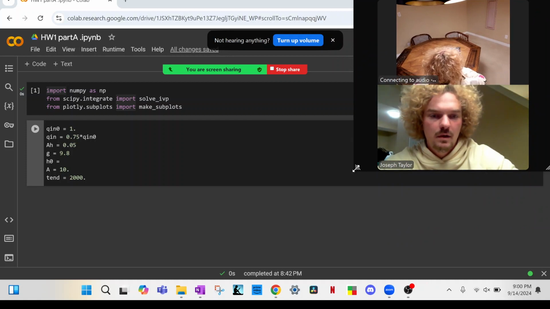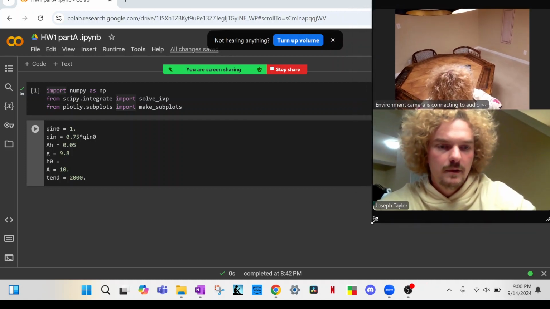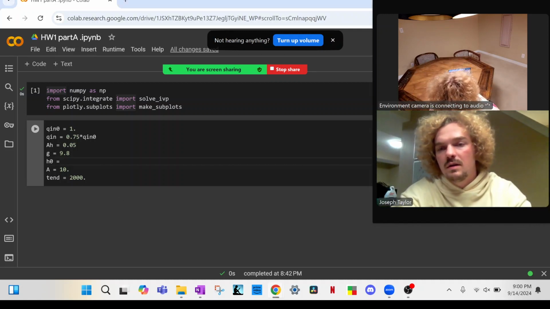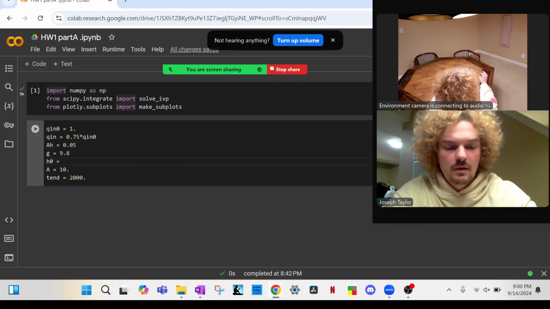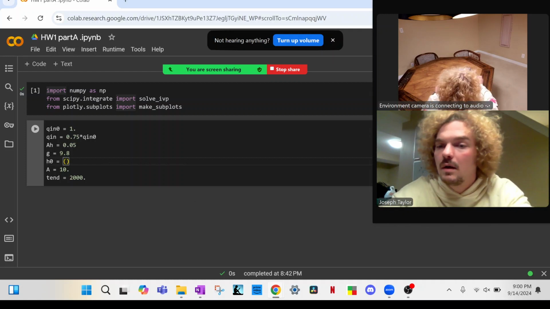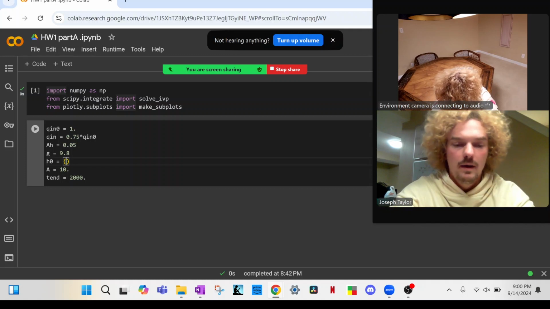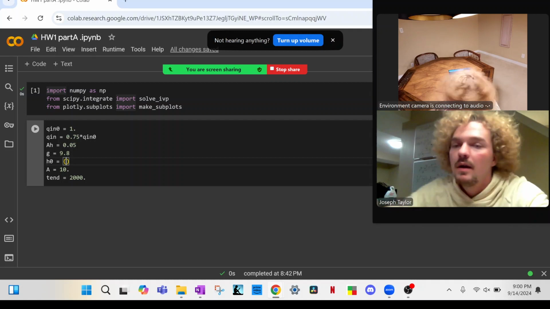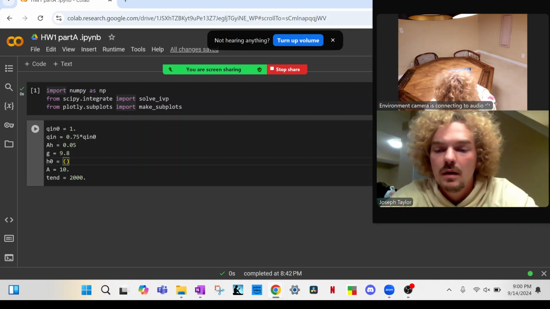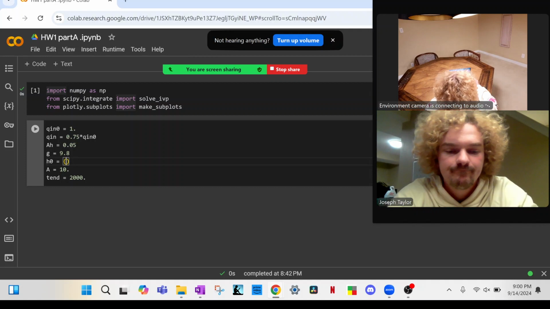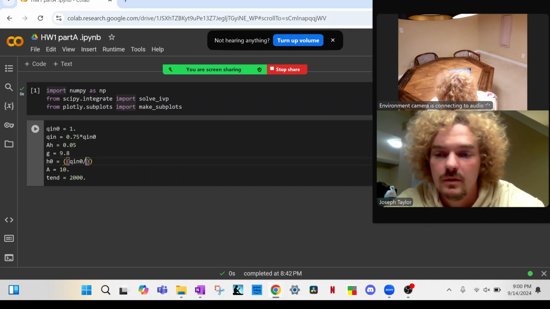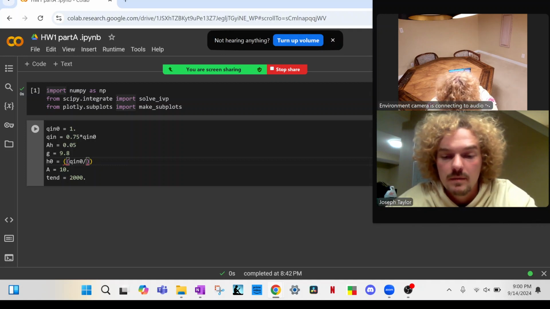Put that up there. Kind of keep this down to the side. Alrighty, for our H0, we determined that that was the QN naught, which is just the initial QN value. And then that is going to be over AH.